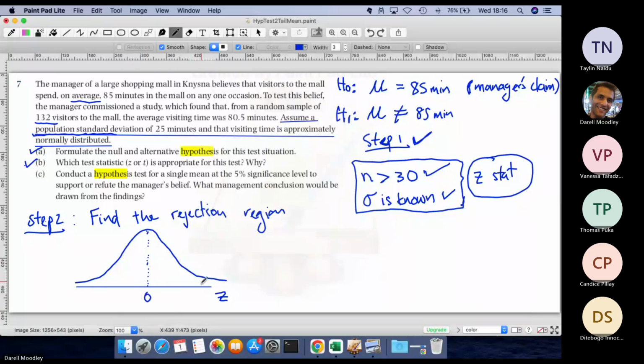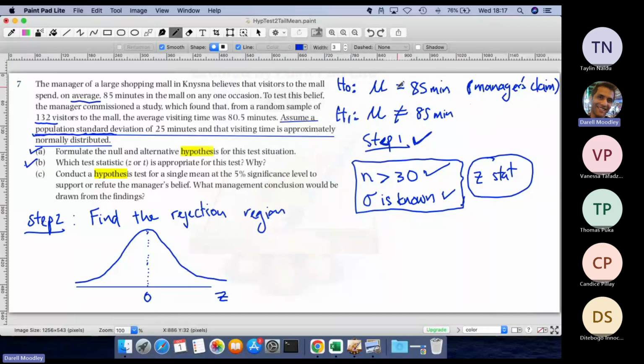Now, the rejection regions will be determined by what you've said in step 1. Because you have an equals to for H0 and a not equals to for H1, this is a two-tailed test. Just learn this off.